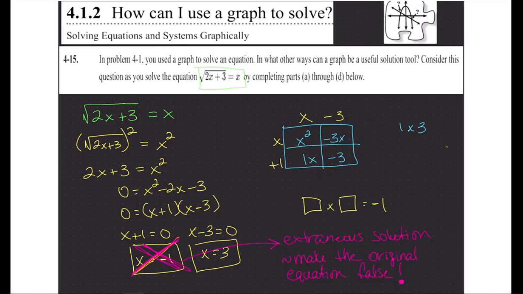So when we want to solve these graphically, we actually have two functions going on up here. Our first function is that square root of 2x plus 3. Right? And our second function is x. So you're looking at both little sides of the equal sign when it comes to graphing these. So we're going to hop on over to, what's that graphing program we like to use?